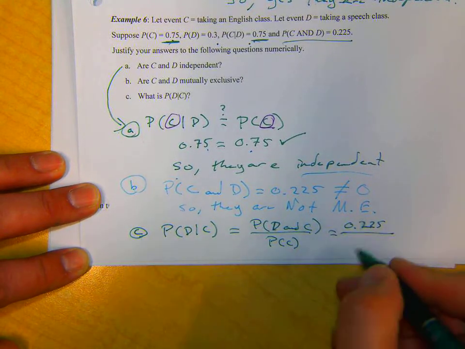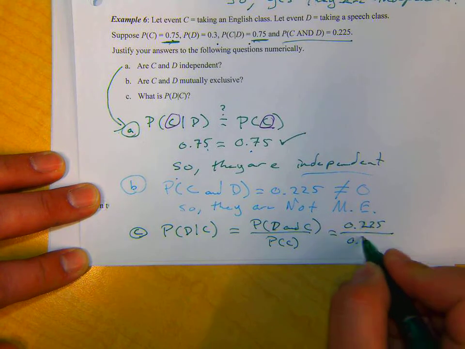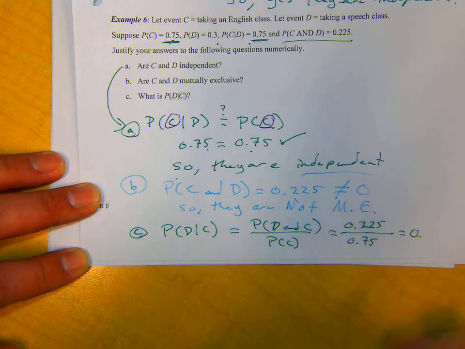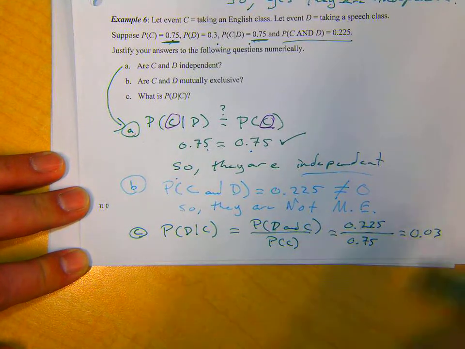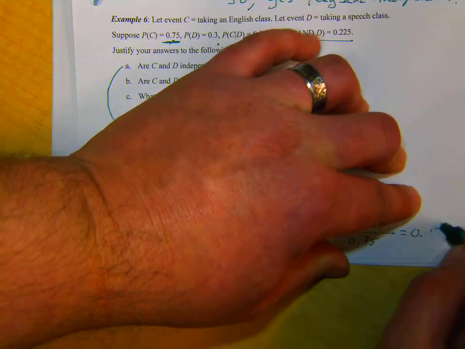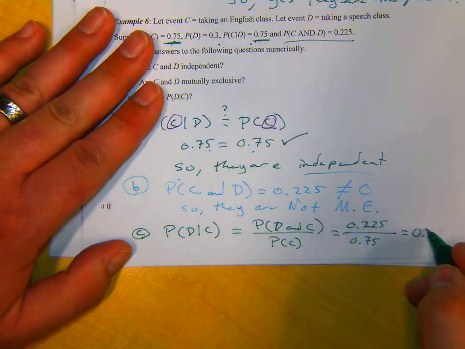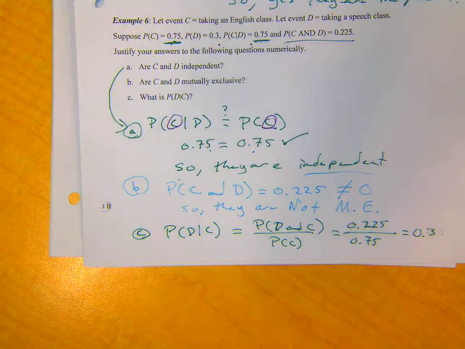And then the probability of C is 0.75. If I divide those, I get 0.3. That's a 30% chance that somebody is taking a speech class given that they are already taking an English class. So we know they're already taking an English class. We're asking what is the probability that they're also taking a speech class. That's about 30% in this class.